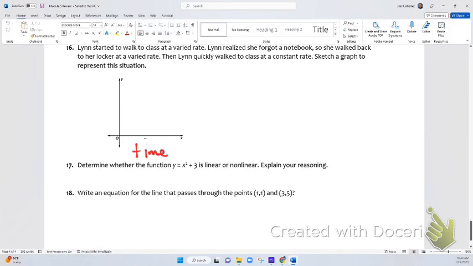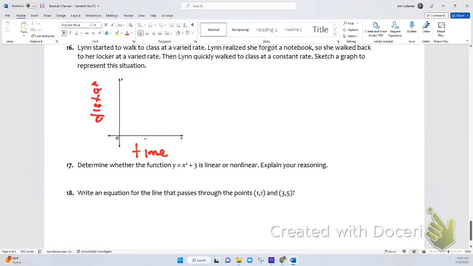So she's walking, so we can either say minutes or seconds. It really doesn't matter. It's just the time, okay? And then for the y value, she started to walk to class, so we could say distance away from class, or we can even say distance to the locker. It doesn't really matter. So we're going to say distance.